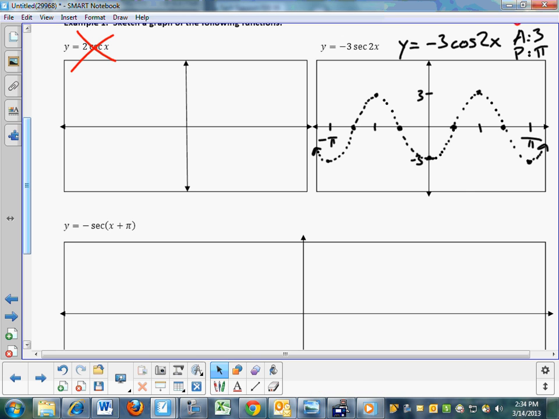Is that actually my graph? No. What do I draw next? What are they called?